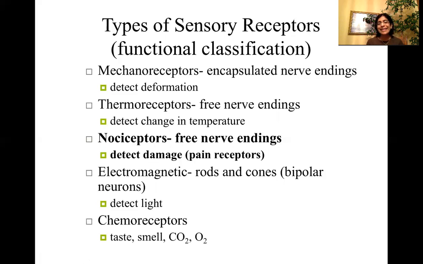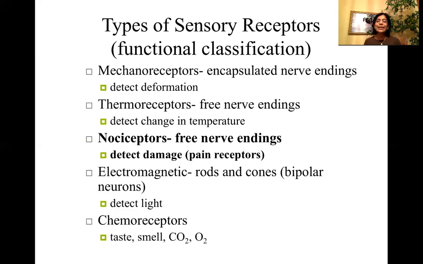They detect damage. Okay, they're also called pain receptors. Nociceptors actually detect more than one type of stimulus: mechanical stress, chemical stress, thermal stress. Because they can detect more than one type of stimulus, they're referred to as polymodal.